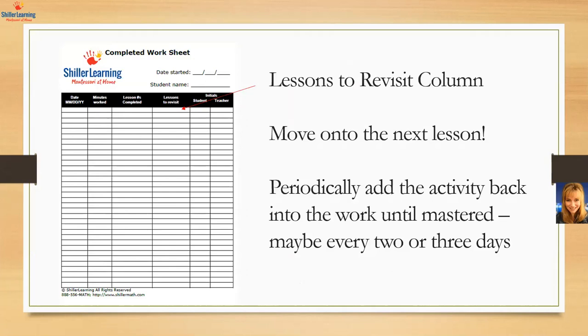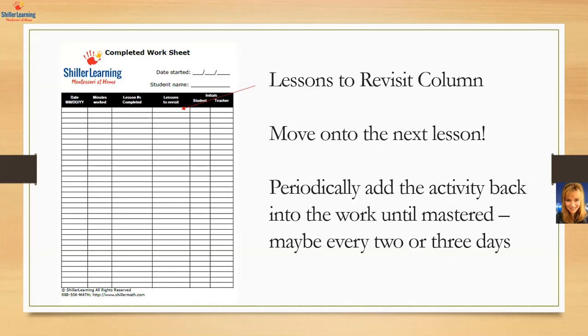And then by moving on to other lessons where they're going to be more successful, it actually helps to rebuild their self-confidence and adds understanding in other ways. Then what we're going to do is periodically add that activity back into the work until it is mastered, maybe every 2 or 3 days.